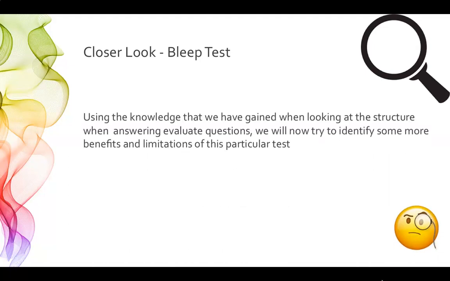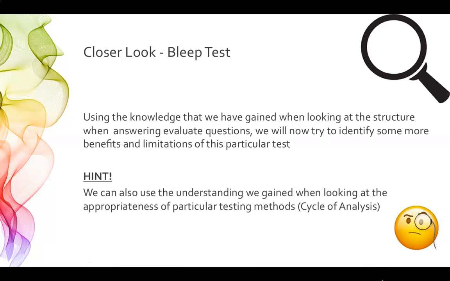So what I'm going to ask you to do is, using the knowledge that we've just had a look at, we're going to now try and identify some other benefits and limitations, again some useful parts and maybe some not so useful parts to this particular test. And I want you to consider the understanding that we gained when we looked at appropriateness of the testing methods in the cycle of analysis presentation that I made for you.